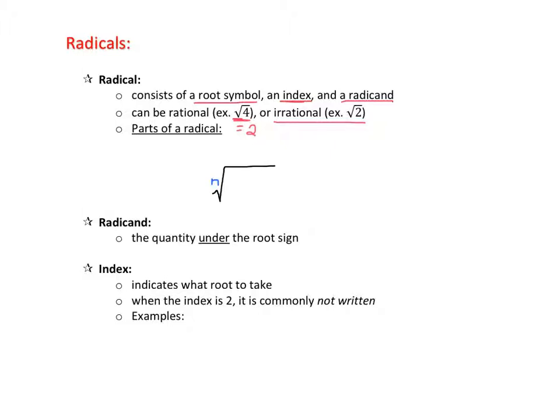If you have a square root, the index is 2, and we don't write a number. But if we have an index anything bigger than 2, we do write the number there. Also, under the radical symbol is the radicand. So an example of a radicand might be 2x. So that part is the radicand.